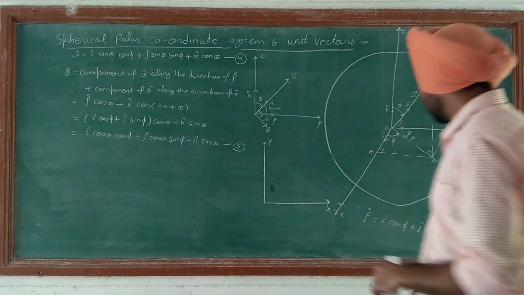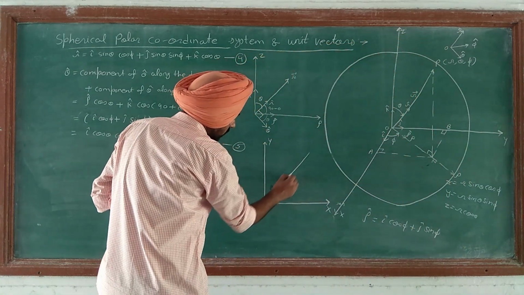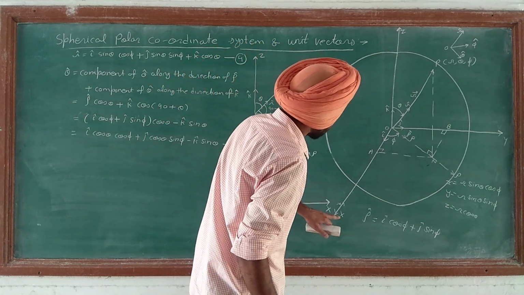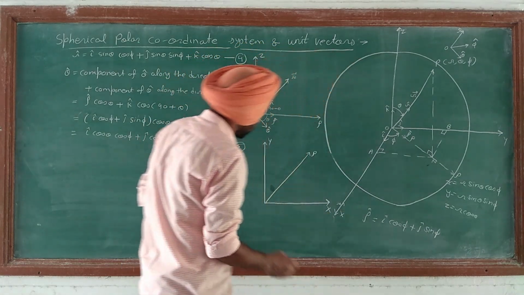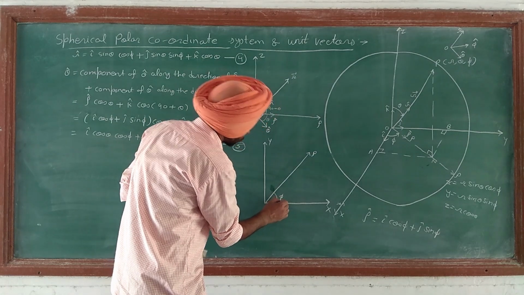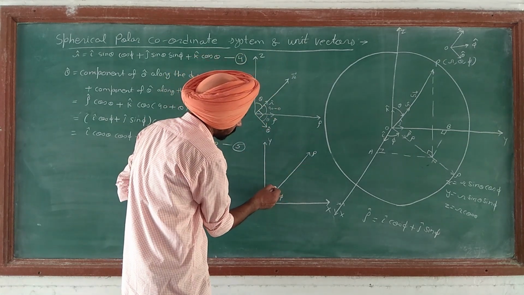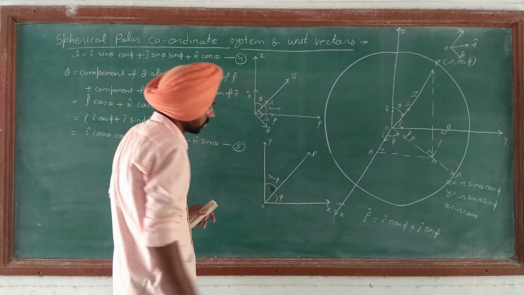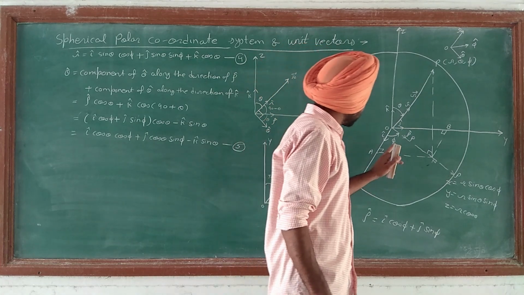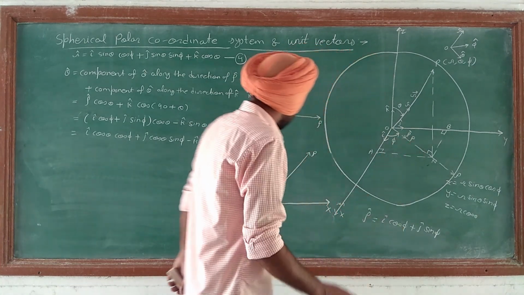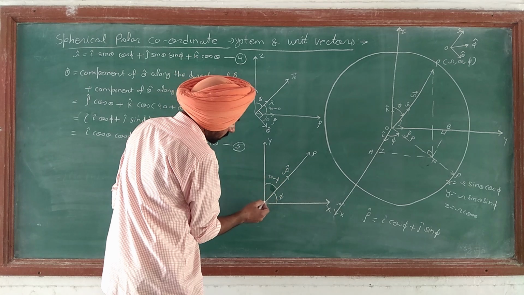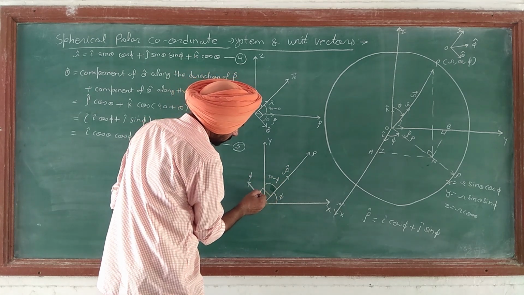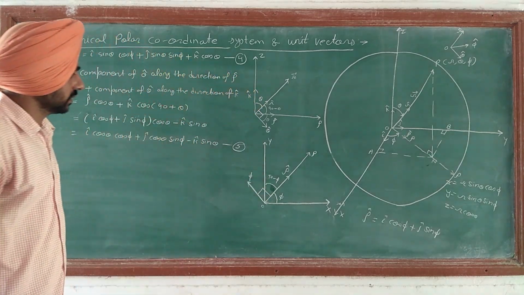This is the rho axis. The angle between x and rho is phi, so the angle between y and rho is 90 minus phi. This is point O. Phi cap is perpendicular to rho cap.